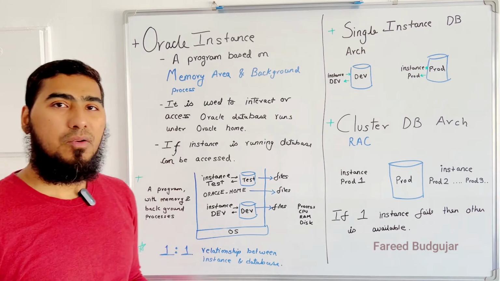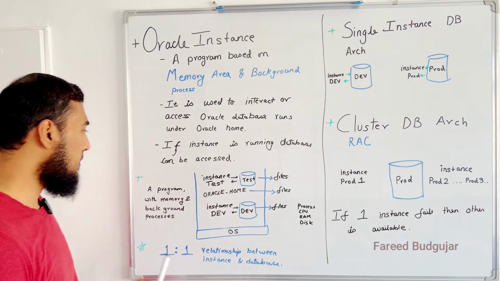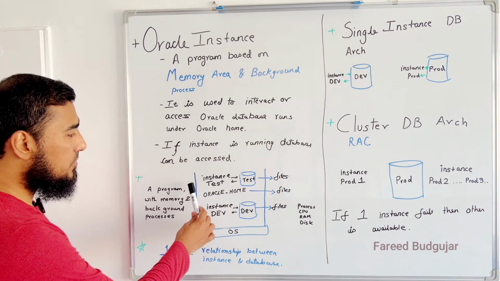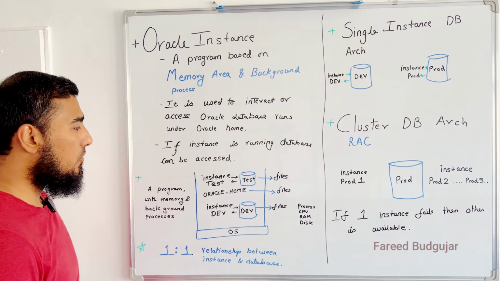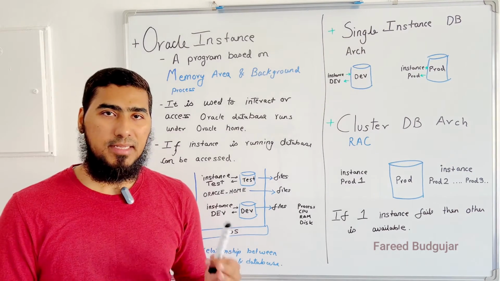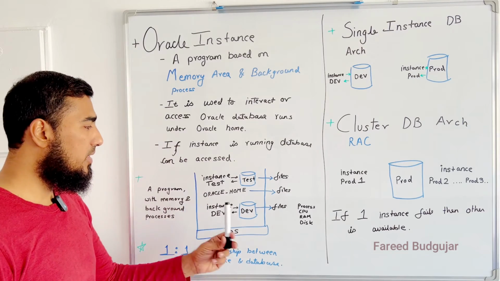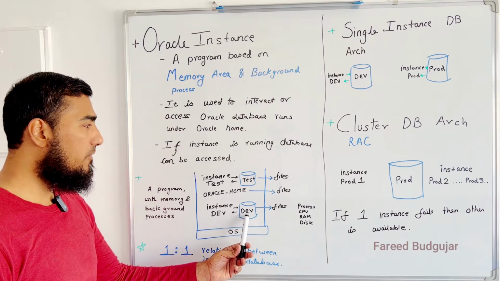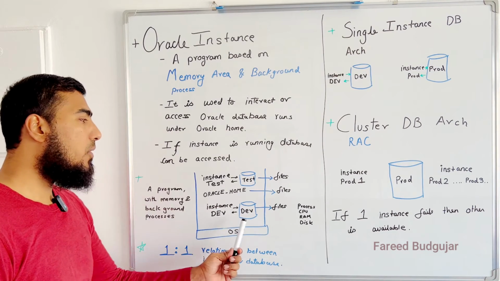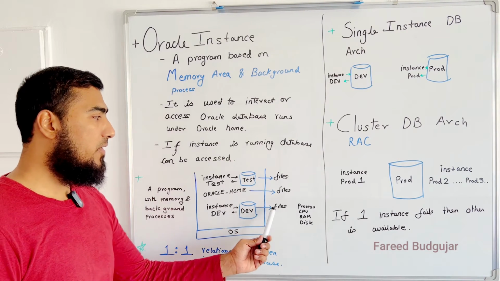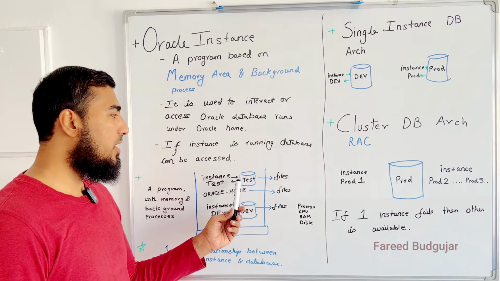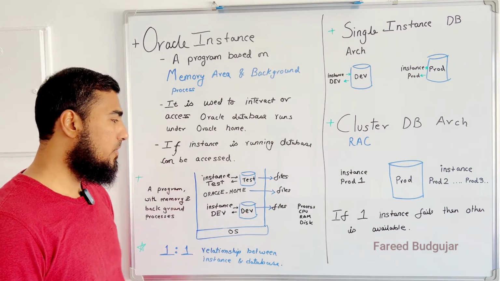Let us understand with the help of a diagram. Now, we have the operating system, server, we have Oracle Home, that means Oracle binaries are installed, and we have two databases, database dev and database test, running on the same server. With database dev, we have data files, we have Oracle Home files, and we have test files.